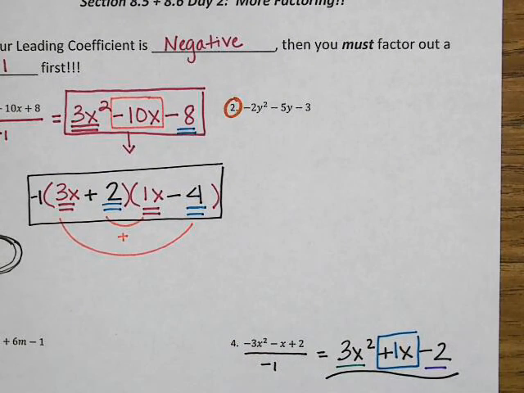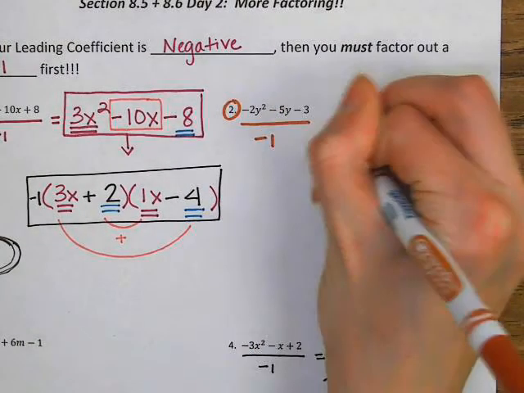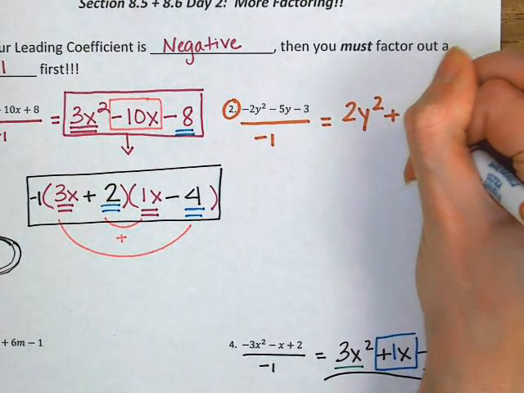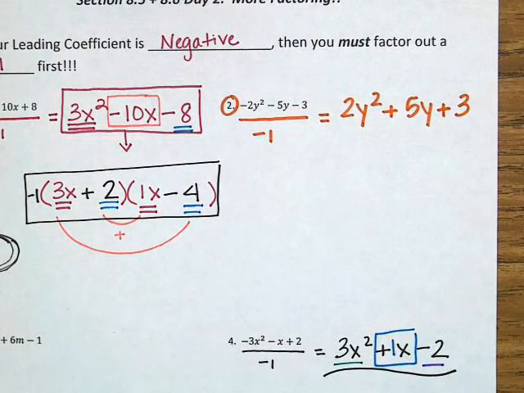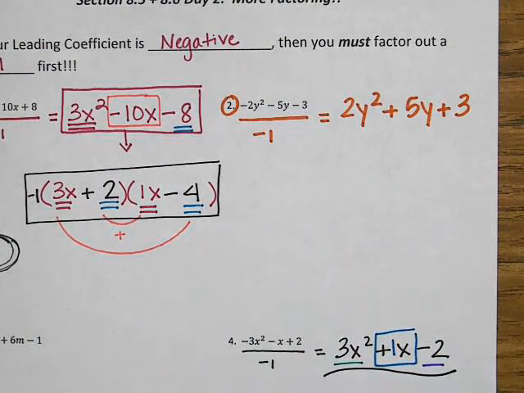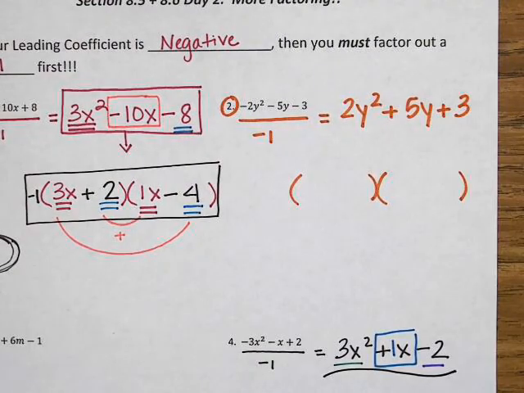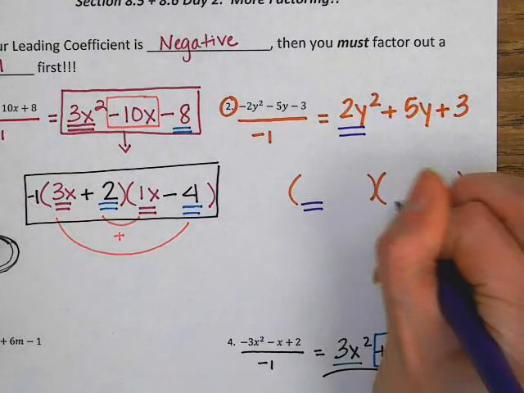All right, if the leading coefficient is negative, we have to divide everything by negative 1. And that makes it positive 2y squared, positive 5y, and positive 3. All right, draw your 2 parentheses. And let's get started. First ones need to multiply to 2y squared. So what goes here and what goes here?